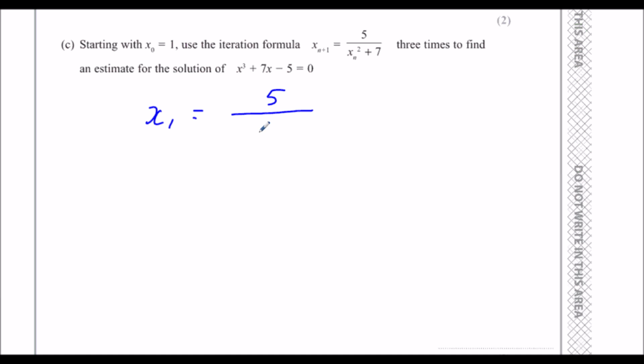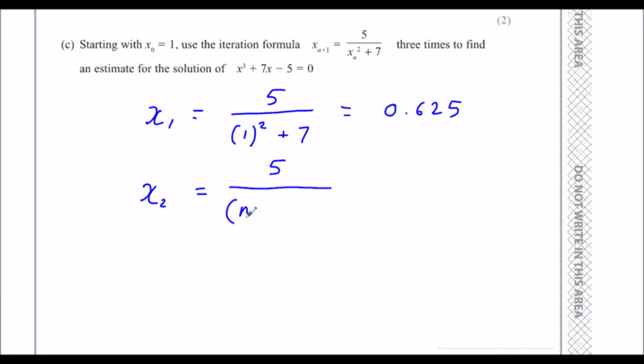So that'd be 5 over 1 squared plus 7. So we're going to type it into the calculator. And that gives us 5/8 or 0.625.